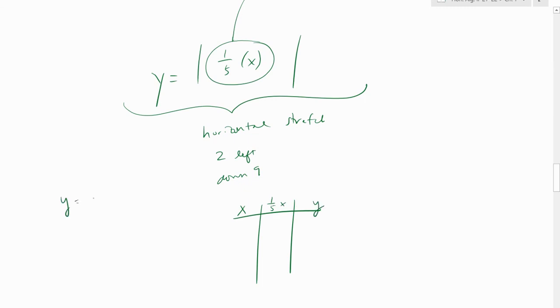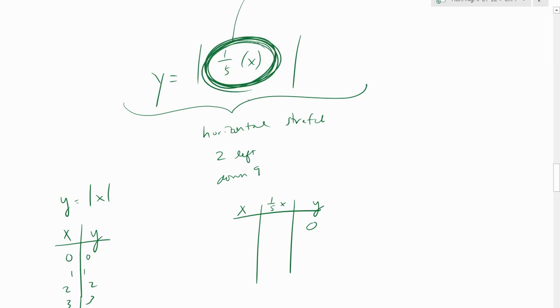When on the original parent function, you just plug in whatever x is and you get out y. So absolute value 0, 0, 1, 1, 2, 2, 3, 3, etc. Okay, so you got to think about, well, what, like I would need this part right here, the 1/5 x. If I want to get out a 0, I need that to be a 0.